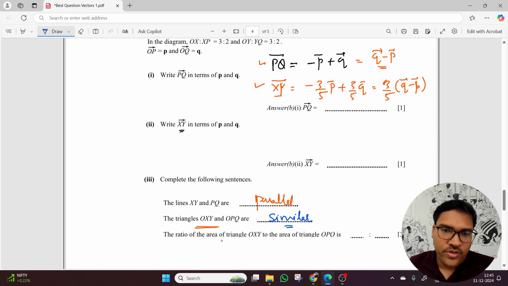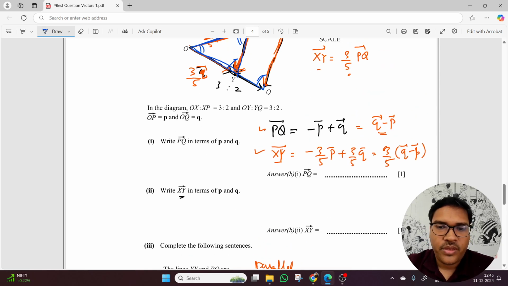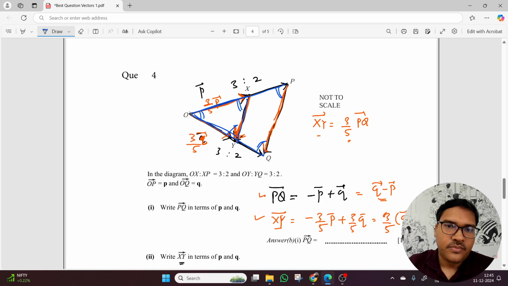Now the ratio of area of triangle OXY to area of OPQ.